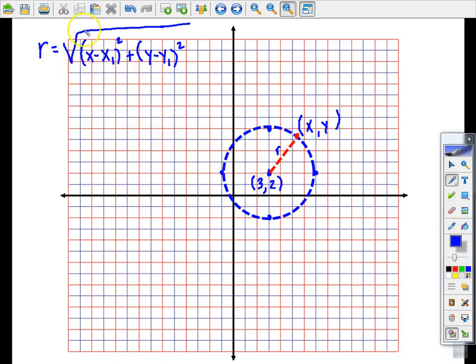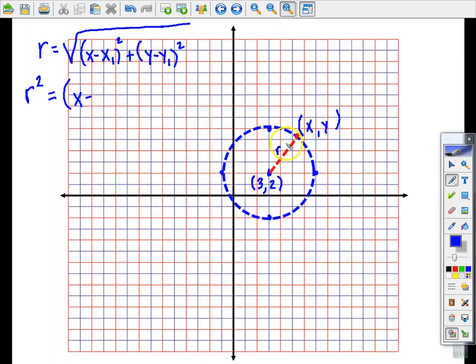And using a little algebra, if I wanted to undo taking the square root of this right side of the equation, I would square both sides. And that leaves me with r squared, and I no longer have the radical on the right side of the equation.